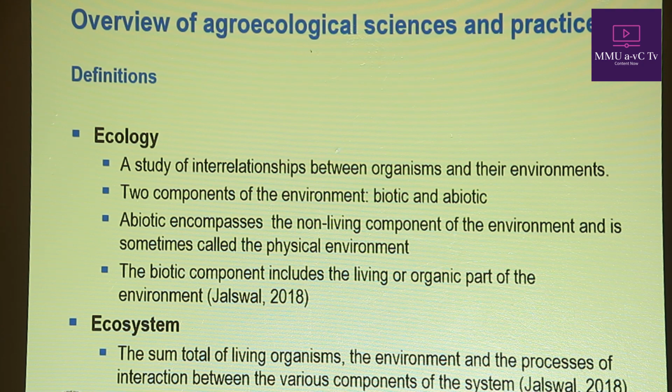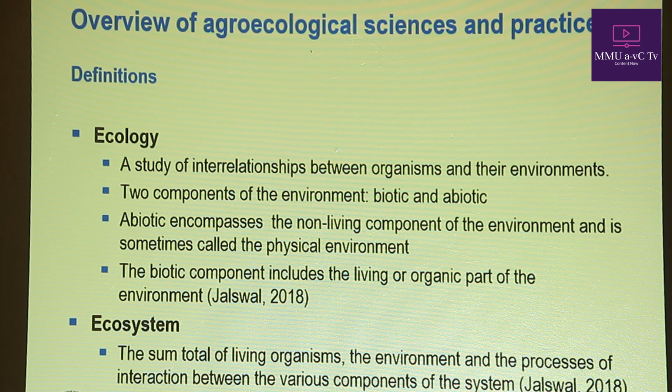We also look at the ecosystem, and this in general terms is actually the total sum of the living organisms, their environment, and the processes of interaction between the various components of the system.